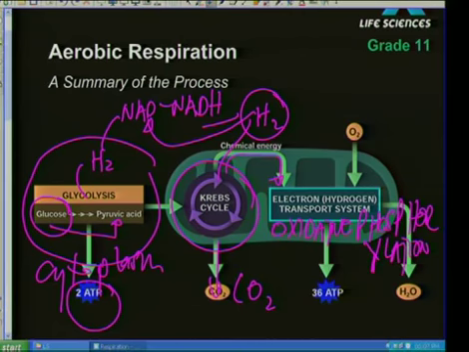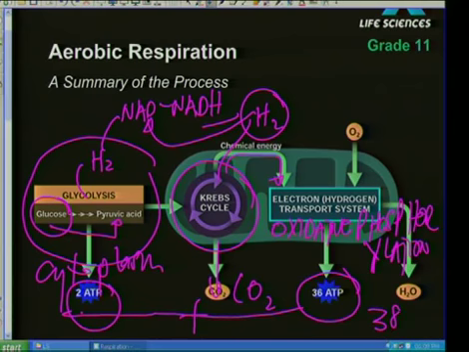That should be a Y. Okay? Notice there are 36 ATP molecules. 2 from there plus that will give you 38. Also notice that water is given off there. And this is where the oxygen comes in to this phase here.